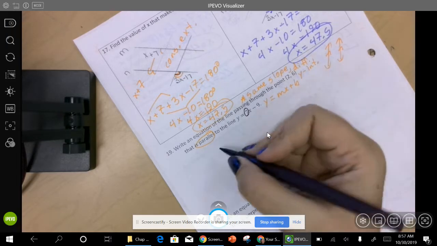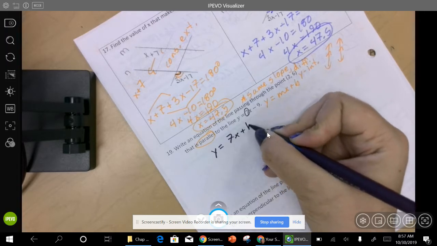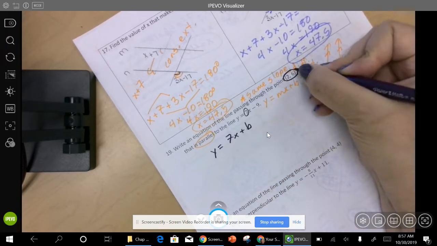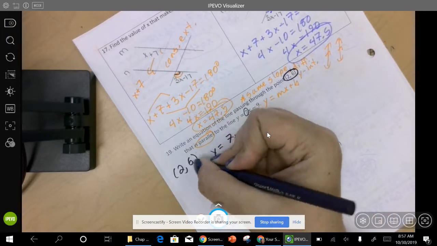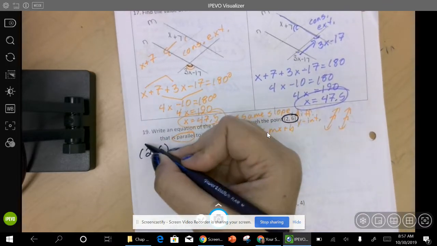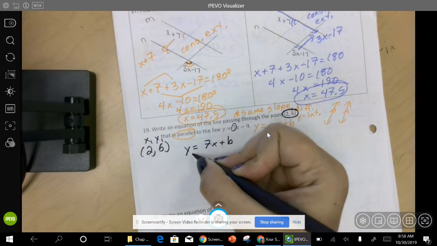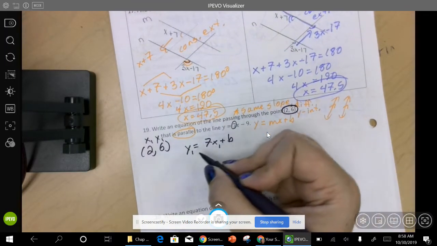So it's going to be y is equal to 7x plus b. I'm going to use this point, that point right there, which is (2, 6). So I'm going to substitute it into this equation to solve for the y-intercept, for b.